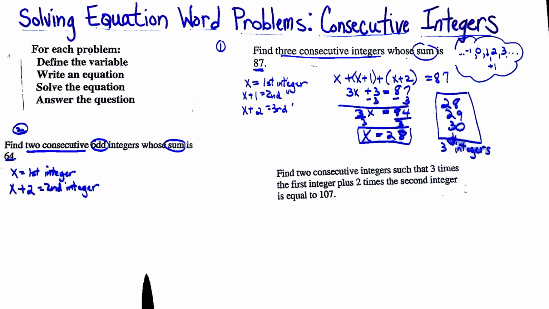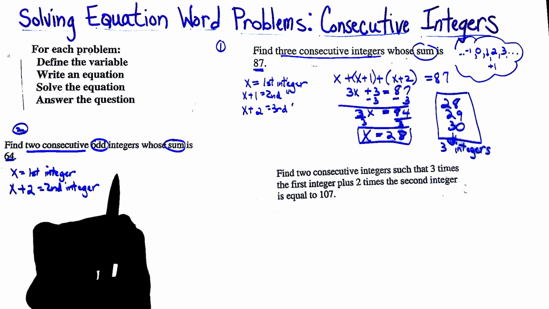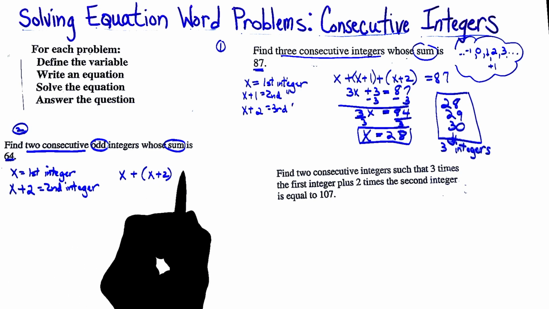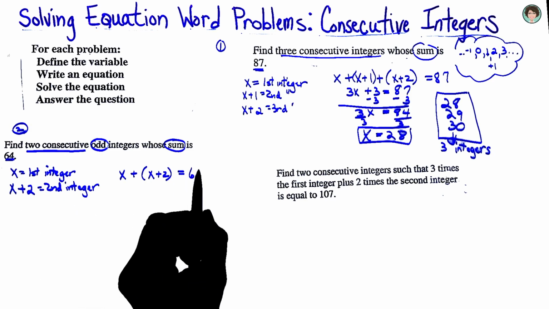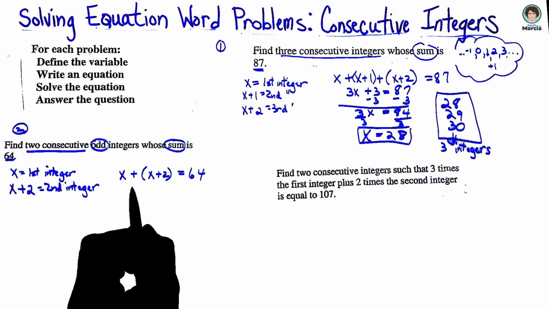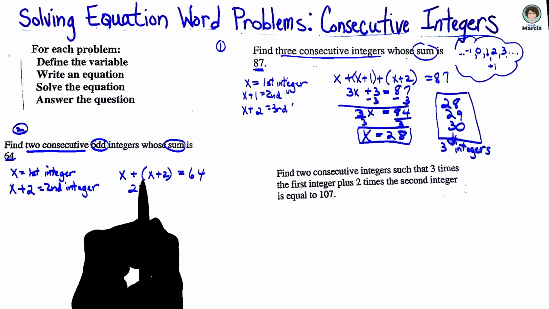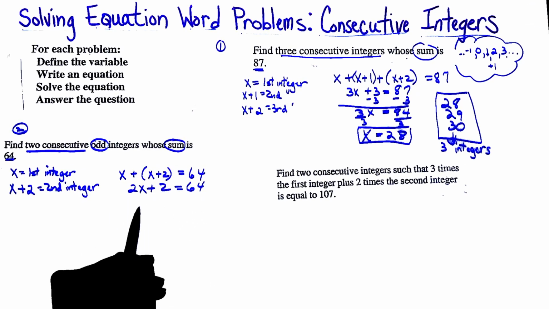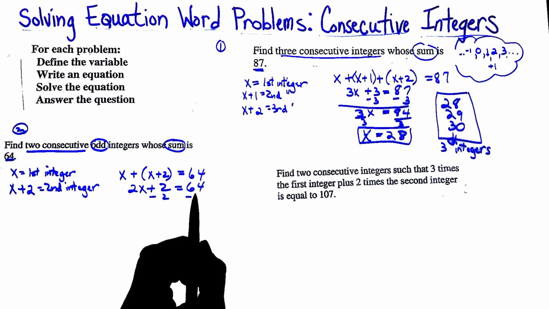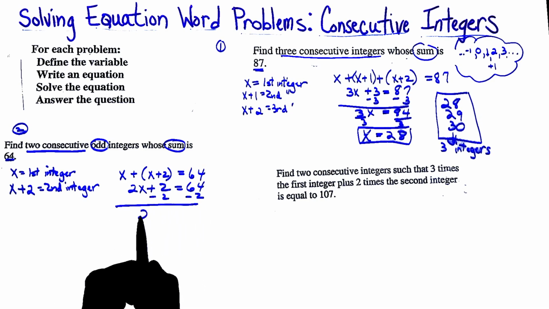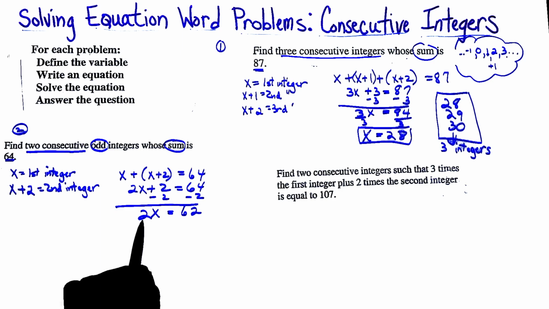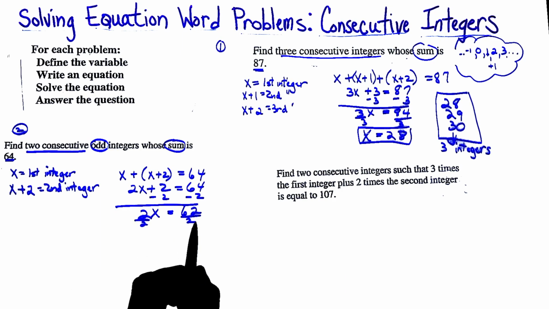All right, so now we're just going to write our equation. So it's x plus x plus 2 is equal to 64. And we get 2x, put our like terms together, plus 2 is equal to 64. You know, you always add or subtract first, so we're going to subtract 2. So 2x is equal to 62, and I'm going to divide both sides by 2.